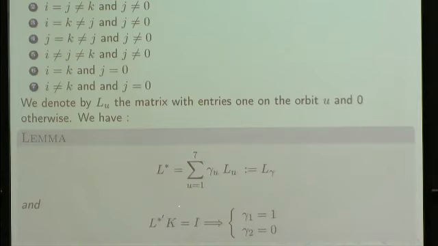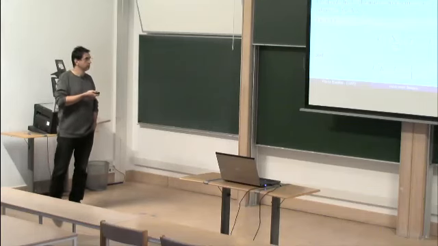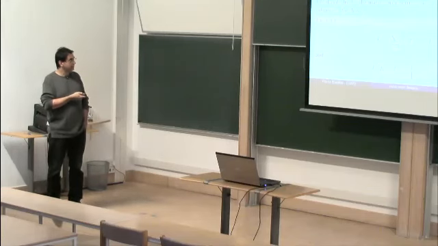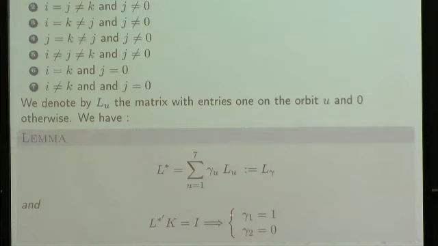It's not written here, but L1 is in fact equal to K. Just a remark: the constraint that L star prime K equals identity, which must be satisfied by L star, implies that gamma 1 is equal to 1 and gamma 2 is equal to 0. So you have 5 free parameters and 2 which are constrained. The first one corresponds to 1, the second one to 0. So you have to optimize among 5 parameters.